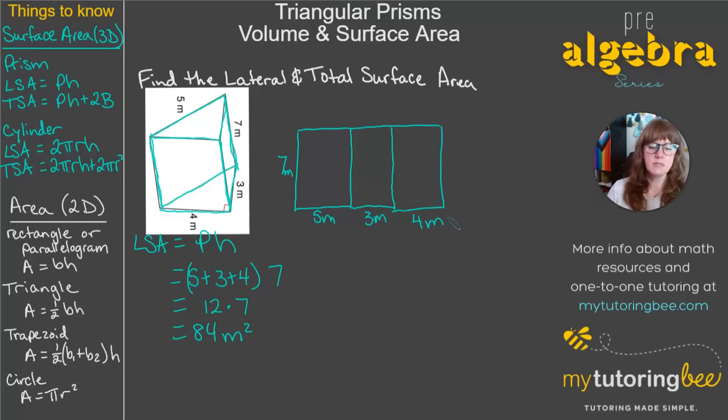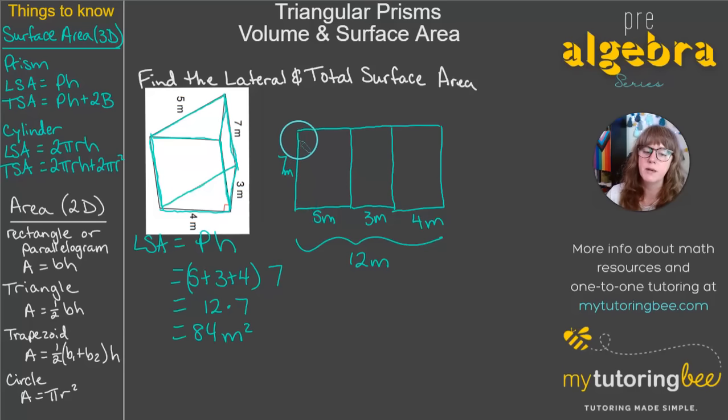Okay, so let's connect that to what we did with our formula here. The perimeter, remember we measured the distance around that triangle, which was 5, 3, and 4. Well, look at our distance here of this one giant rectangle that we made. That is 5 meters plus 3 meters plus 4 meters wide. So that gives us that 12 meters in total going all the way across this rectangle.